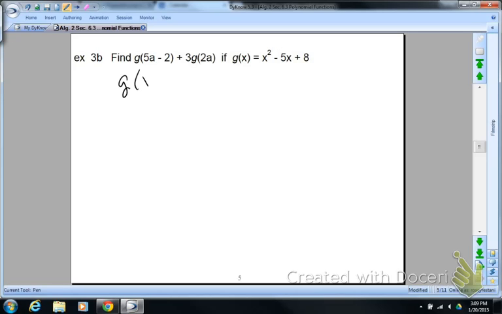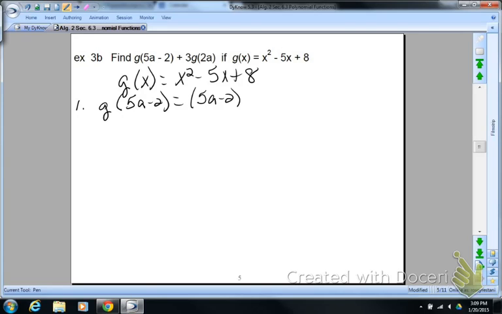G of x is equal to x squared minus 5x plus 8. So we are first going to do step 1, g of 5a minus 2. That means wherever we see x, we are going to plug in 5a minus 2. So 5a minus 2, quantity squared, minus 5 times 5a minus 2 plus 8.